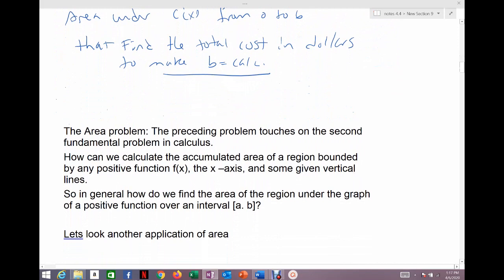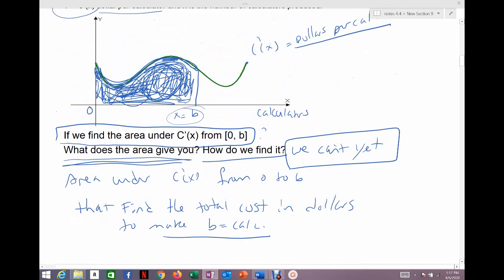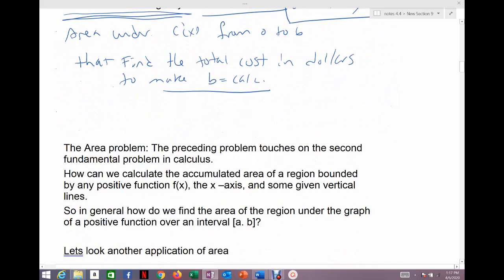That's my starting point, my stopping point. So my vertical line at 0 would be where I start. b would be where I stop, right? If I go up here, 0 is a vertical line where I start. b is a vertical line where I stop. And this is the area I want to find. How do we calculate that accumulated area of the region bounded by my function, the x-axis, and a starting line and a stopping line?